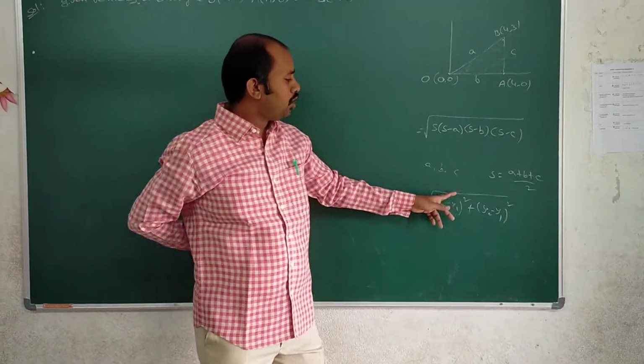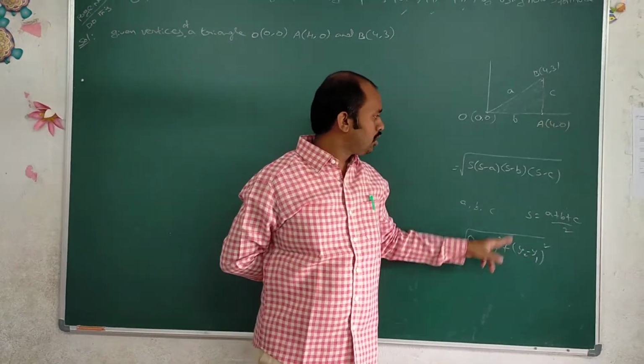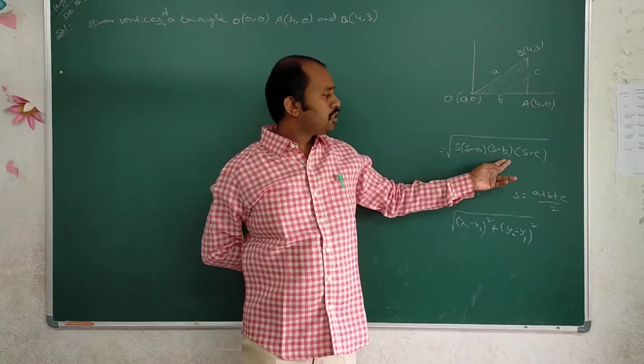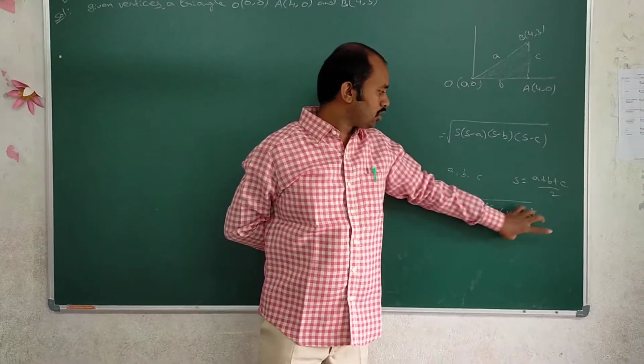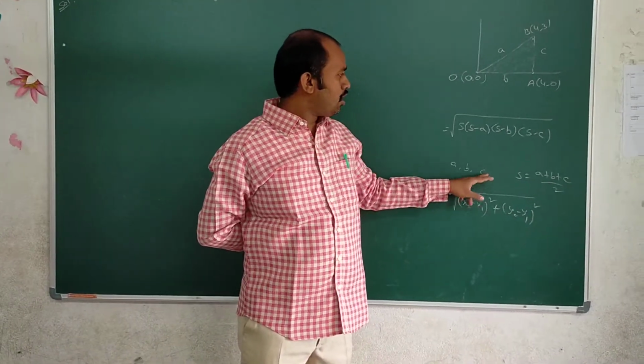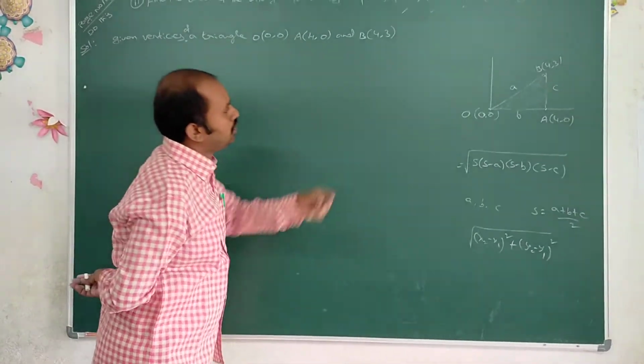You can use this formula to find the three sides. After finding three sides, substitute these values in Heron's formula, and also find the s value, a plus b plus c by 2. Next, substitute the s value and a, b, c values in Heron's formula. So first you find three sides.